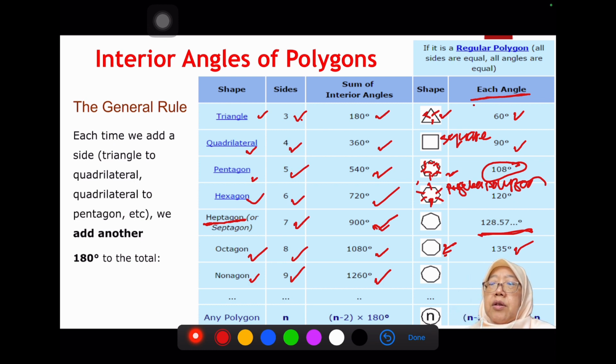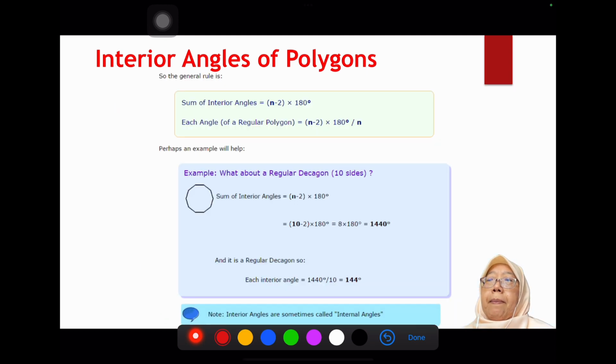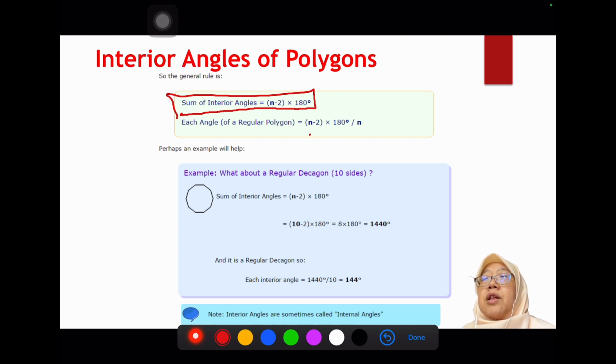Now down here, you will have the formula for any number of sides. Interior angles of polygons once again. The sum of interior angles will be n minus 2 times 180 degrees. Each angle of a regular polygon is n minus 2 times 180 divided by n.